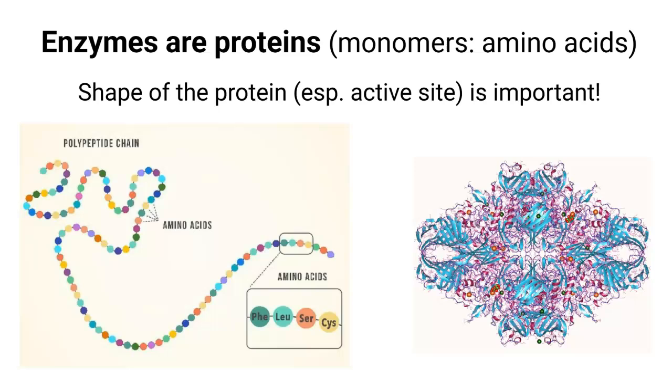Enzymes are proteins, okay, which means they are made up of a long chain of amino acids. The amino acids are the monomers, right, that go into making the proteins. Now, the proteins start off as this long chain of amino acids, and eventually, after they're formed, they will form into a 3D structure. Okay, this is lactase. This is the enzyme that breaks down lactose.